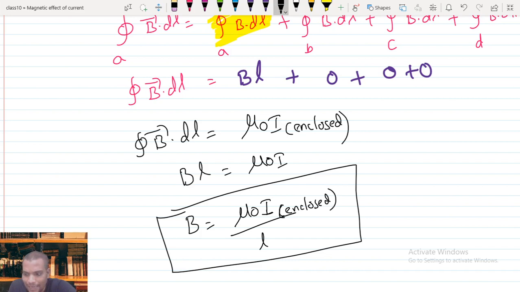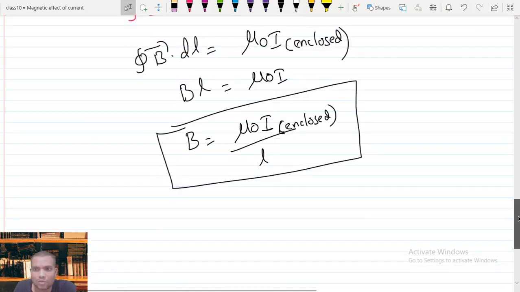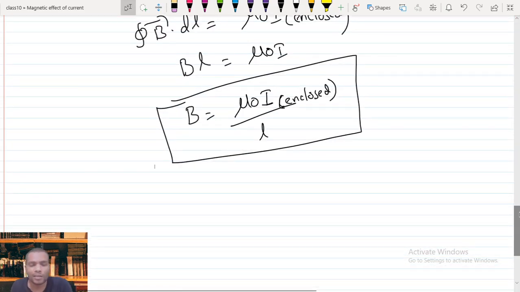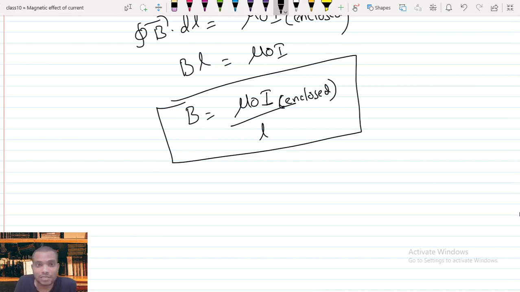Now here I would like to make one small change. Since the solenoid is made up of so many turns, we need to include that, because if we increase the number of turns, commonsensically the magnetic field strength increases. So that factor we also need to include in this formula.